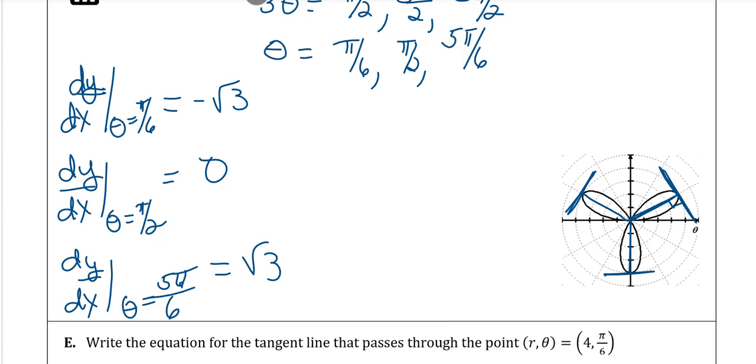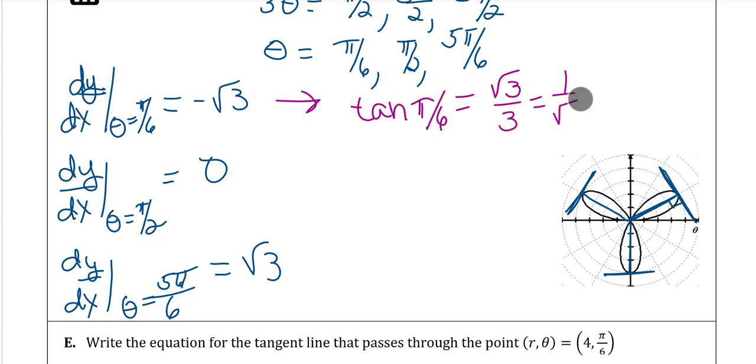And I do that by taking that the tangent of pi over 6 should be the negative reciprocal of this, which it is. Tangent of pi over 6 is square root of 3 over 3, which is the same as 1 over the square root of 3. So they're negative reciprocals.